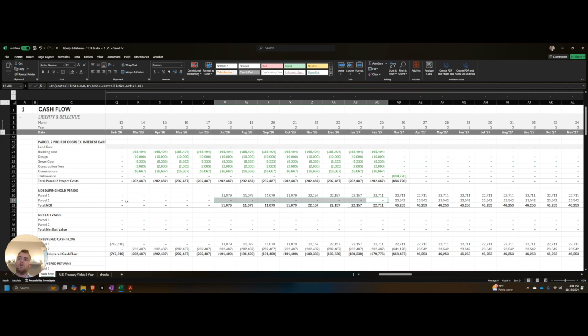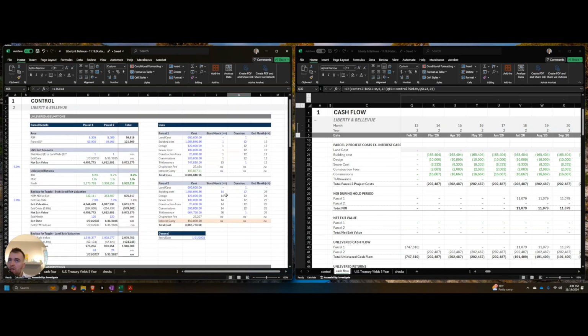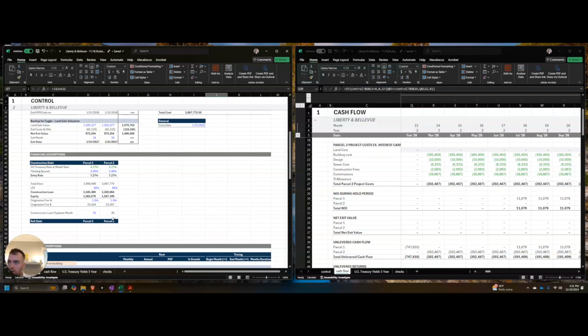It's not only 8 because there's that 5-month period. Yeah, that's because these zeros are 0 because of this. So yeah, I was just looking at this parcel 2 schedule. It starts at 14, and it takes 12 months, so 26. Yeah, okay, we're good. Month 26.